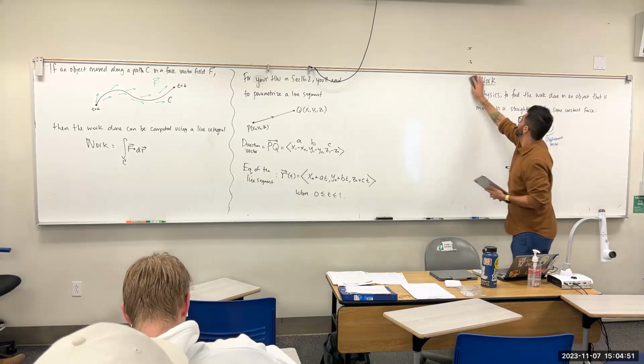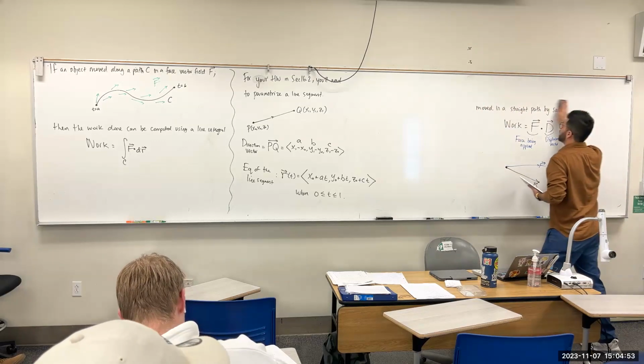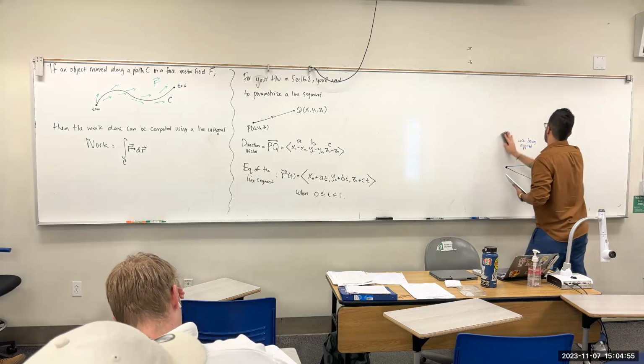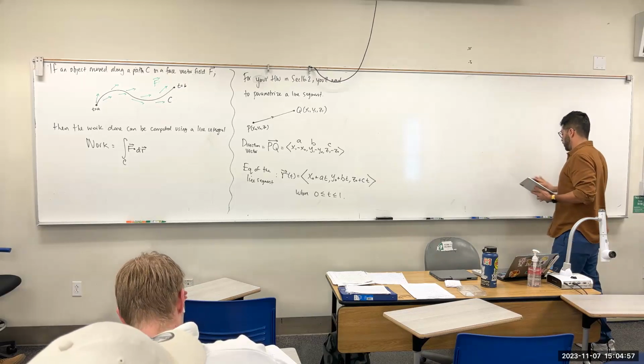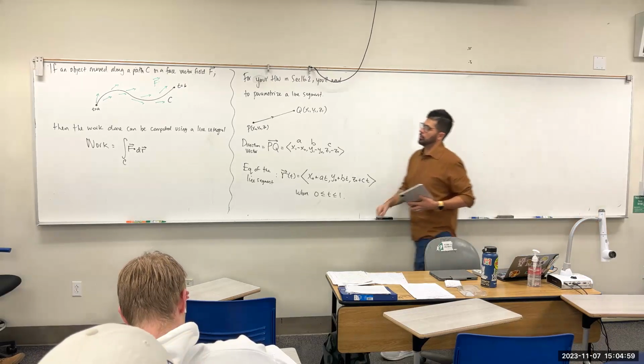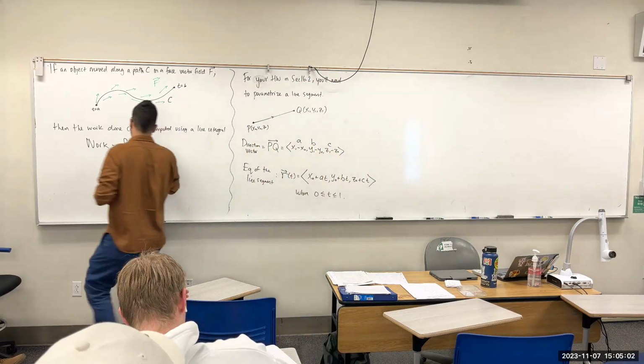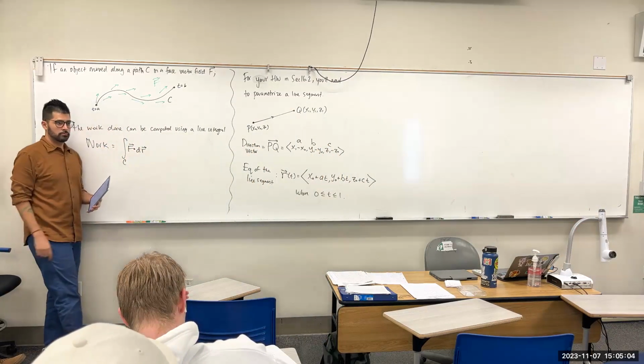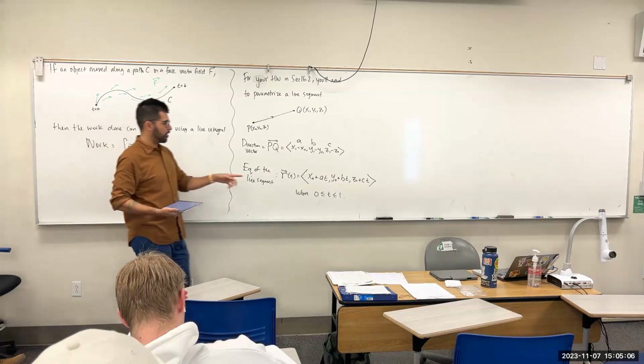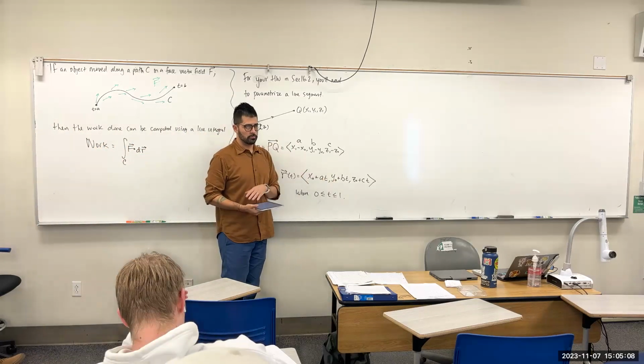Is there a special reason why we have to parameterize it, or just because it asks? Oh, great question. The reason you have to parameterize it is because when you want to compute the line integral, you need r. If you don't have this r, then you can't do that composition. You can't even do the line integral.